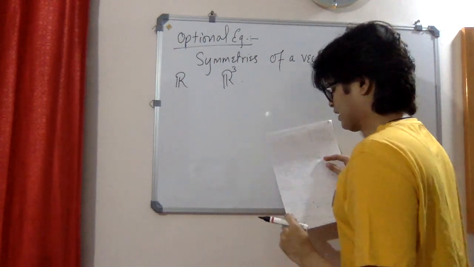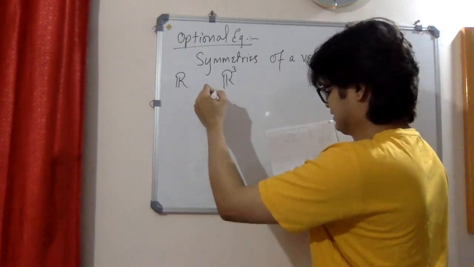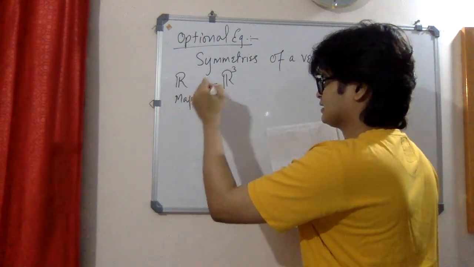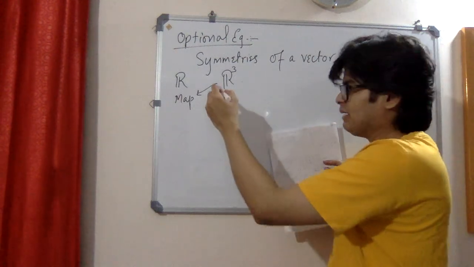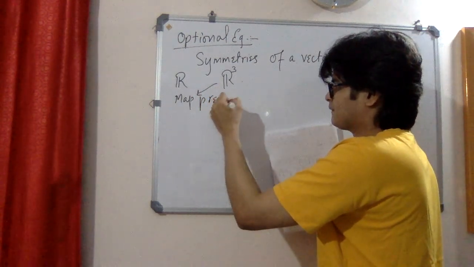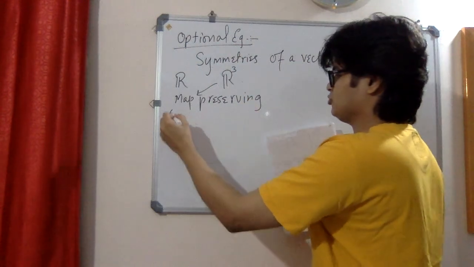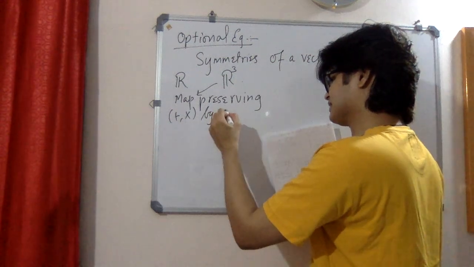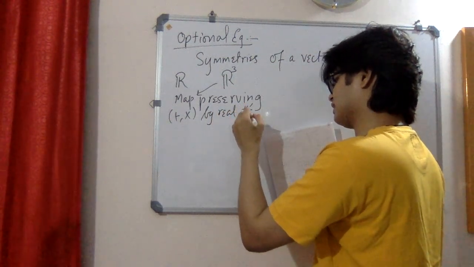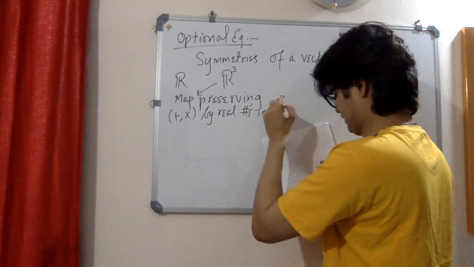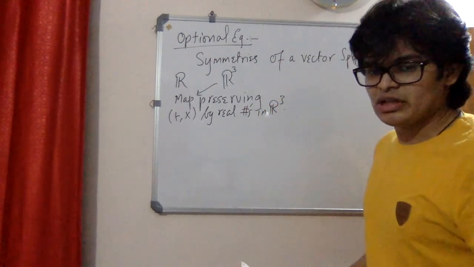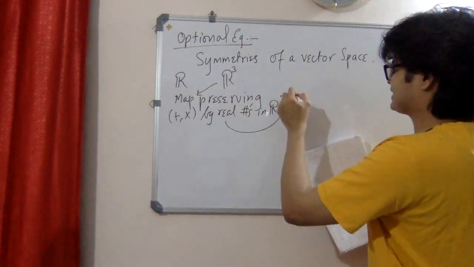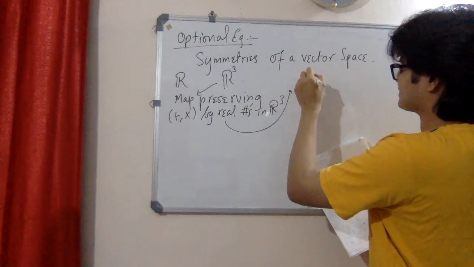So say the symmetry is the map preserving the usual multiplication and addition by the real numbers in R3, in our vector space. Now we all know from linear algebra that such a map is given by 3 by 3 matrices.